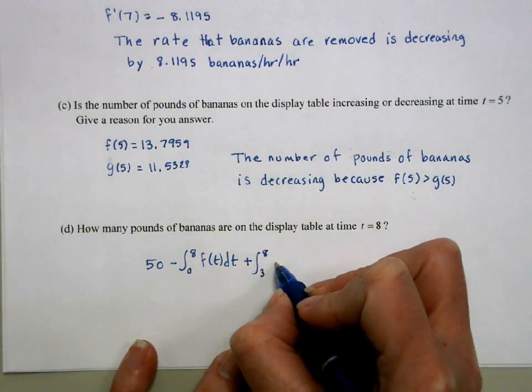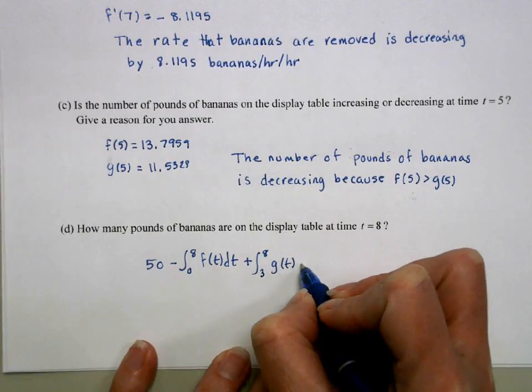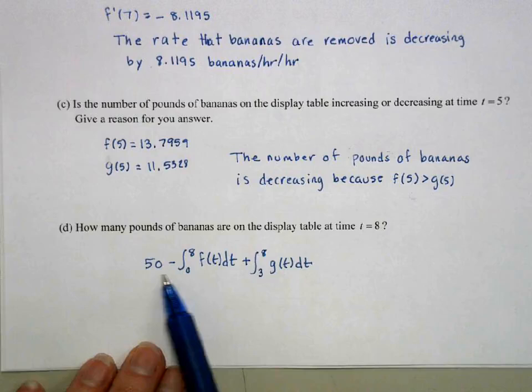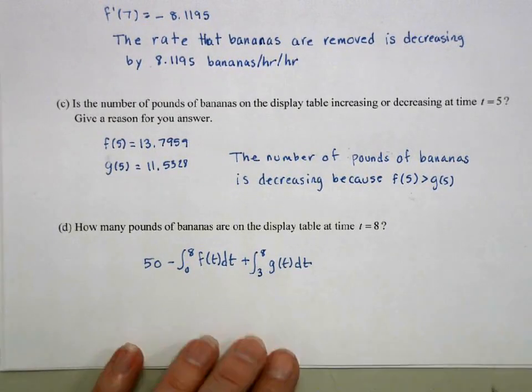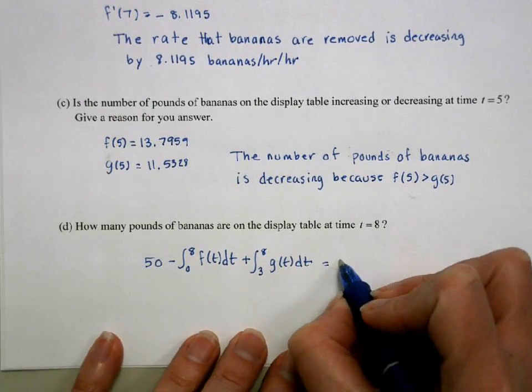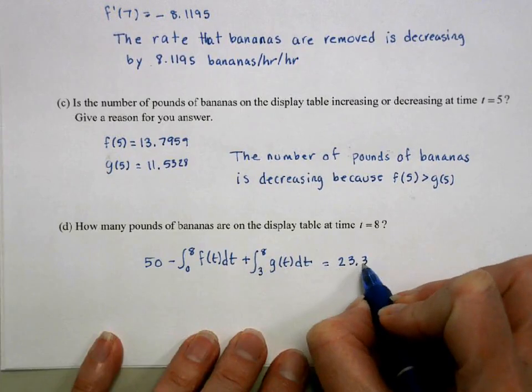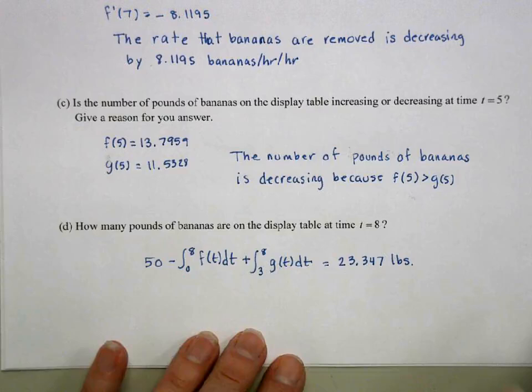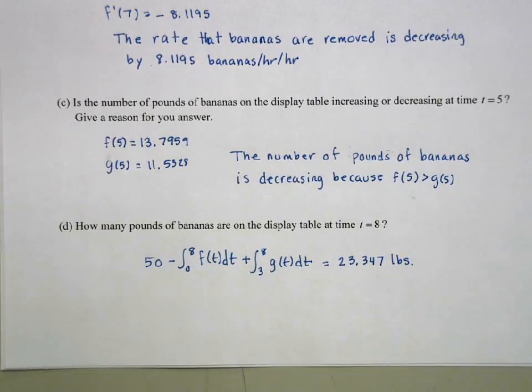Okay, so you could enter it all in separately, or you can let your calculator do all of this for you. What we get is 23.347 pounds. So that was different real life examples with accumulation functions.